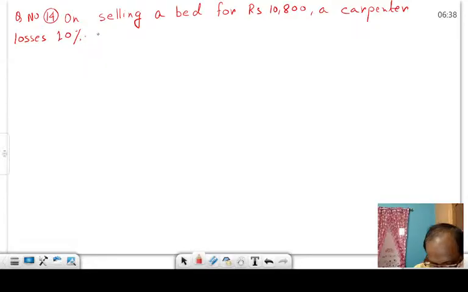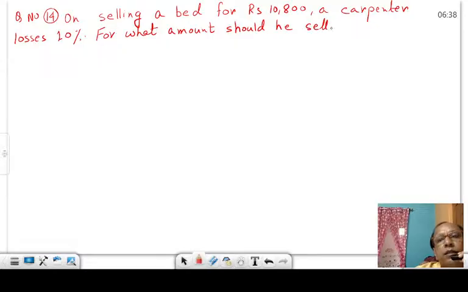The question is, for what amount should he sell it to gain 5%?